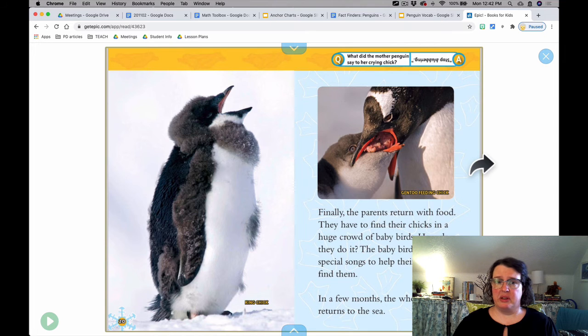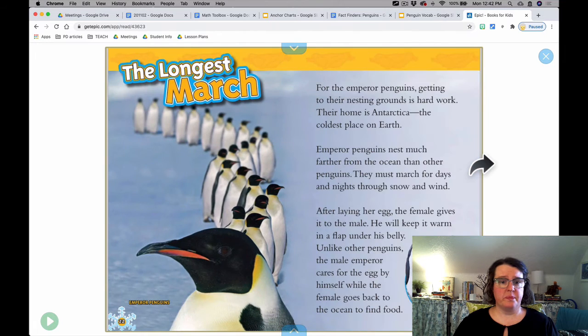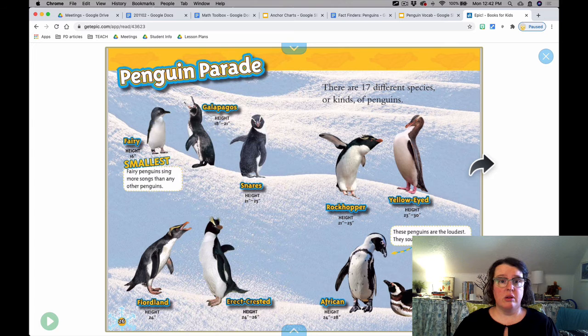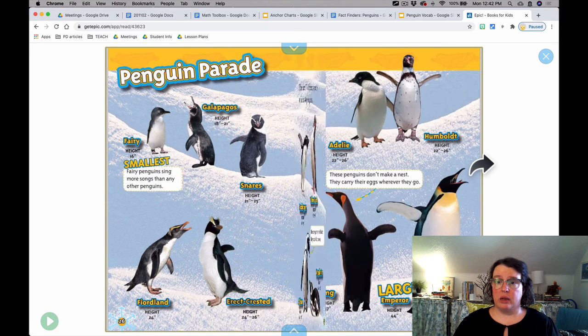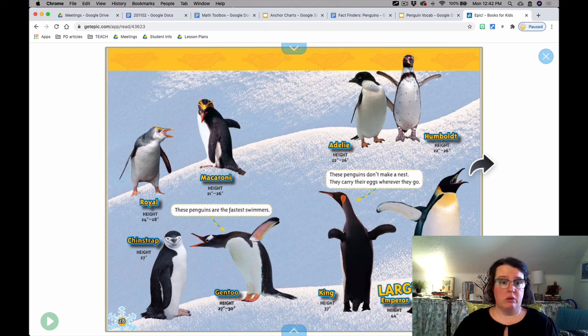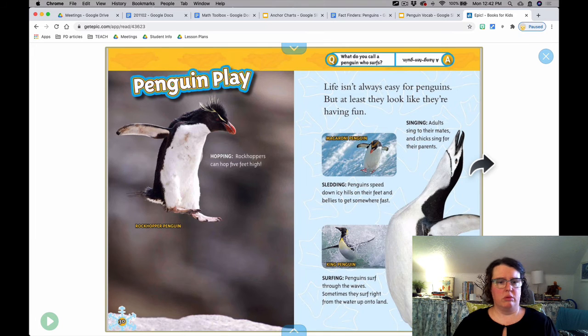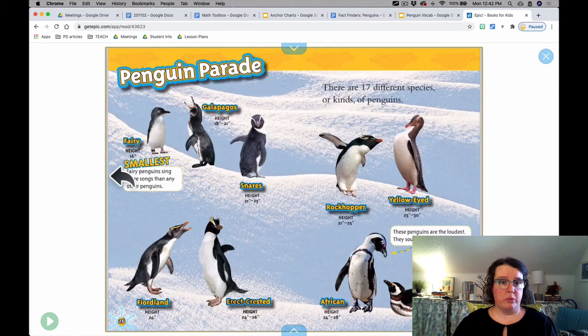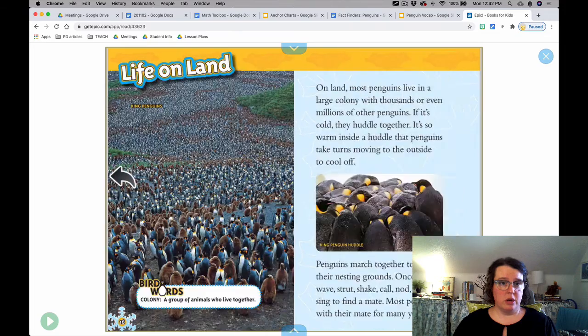I don't know what's happening there, but that looks gross. A line of penguins. It's like they're in line for lunch. Oh, another baby. Penguin parade. Ooh. Is that one flying? The end. All right, let's go back to the page we were on.